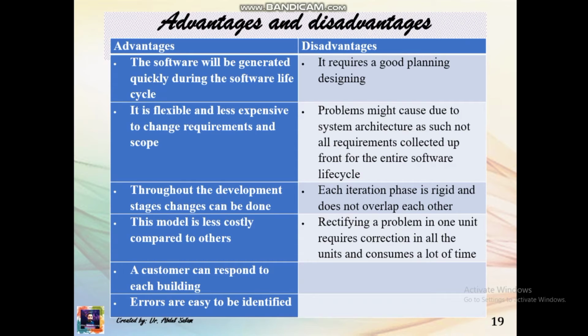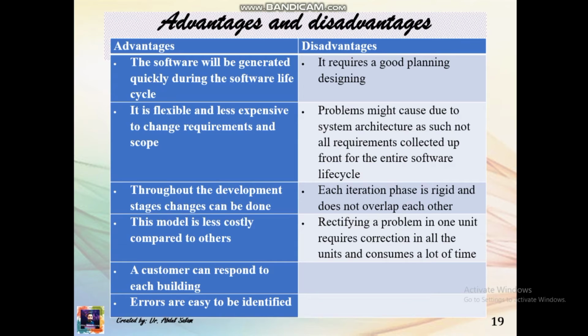Advantages and disadvantages of the incremental model. The first advantage is the software will be generated quickly during the software life cycle, but the disadvantage is it requires good planning and designing. Next, we have it is flexible and less expensive. Its disadvantage is problems might arise due to the system architecture, such as not all requirements being collected up front for the entire software life cycle.